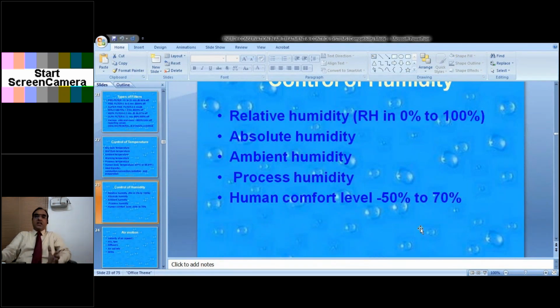And relative humidity, we see as a percentage. Then absolute humidity is the exact moisture content, grams per kg of dry air. Then ambient humidity outside. Then process humidity, where you need to maintain certain humidity. For human comfort level, we can manage 50 to 70%.